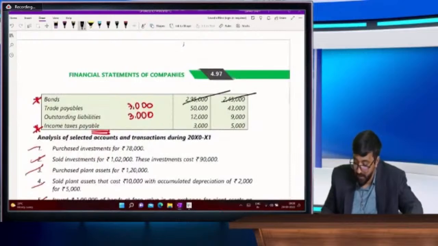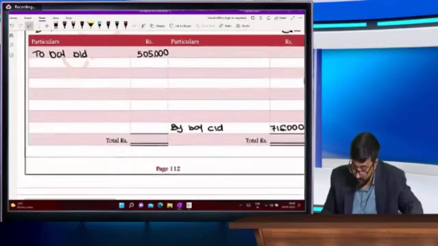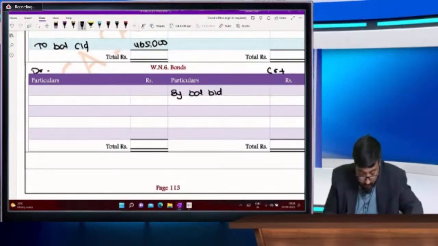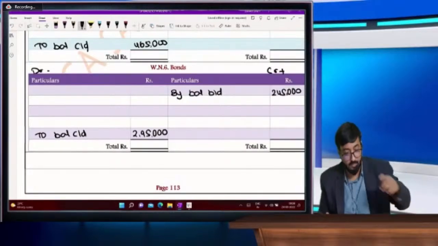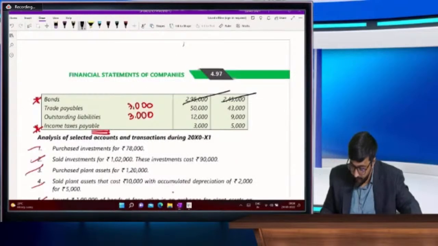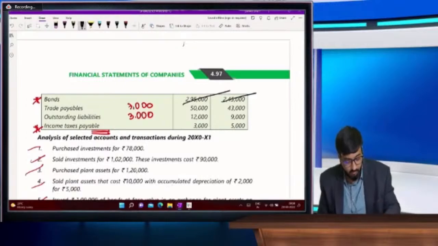Bonds 245 and 295. By balance brought down, credit plus, 245 and to balance carried down 295. Trade payable.